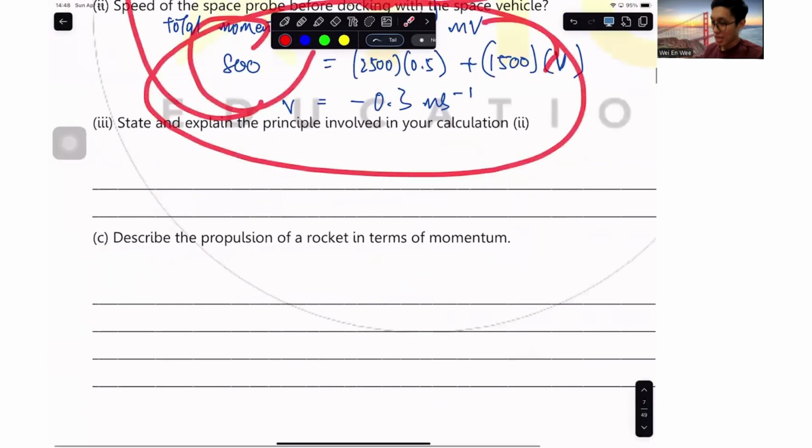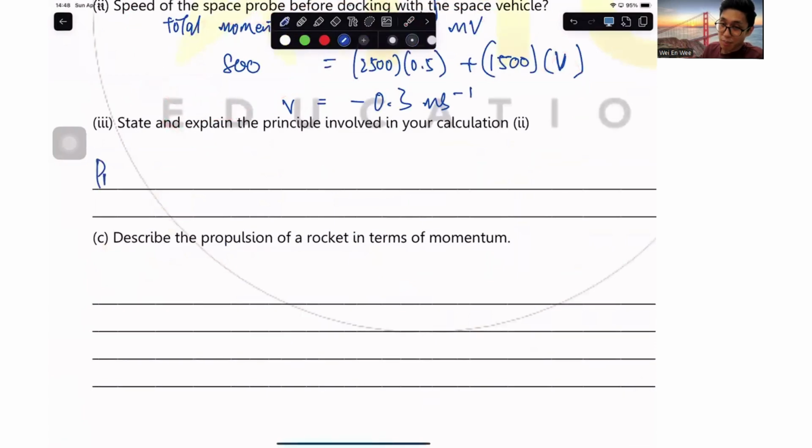So there's this thing called the principle. What's the word? Principle of what? Yes, very good. Conservation. Okay? Conservation means must be the same, must always remain the same.